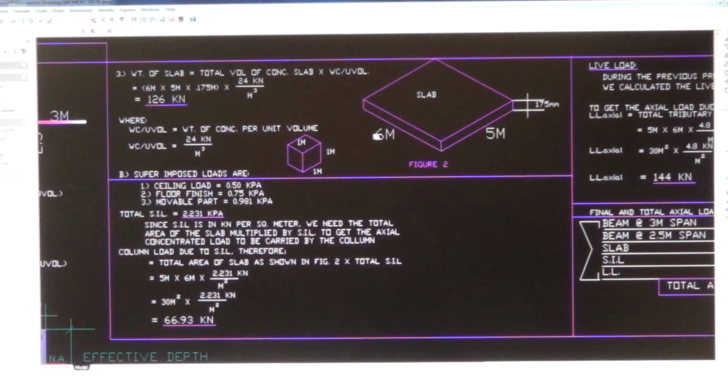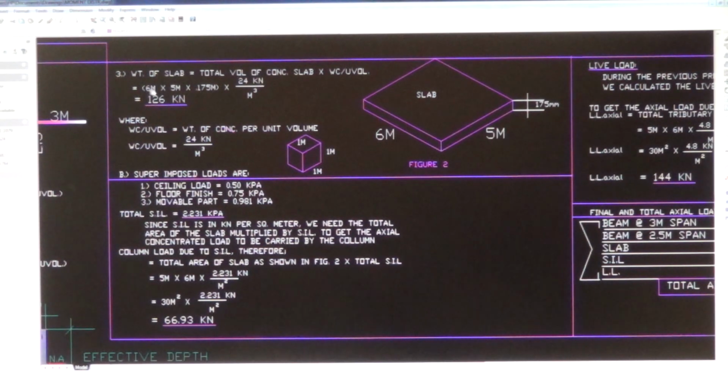So the volume of concrete slab is 6 meter times 5 meter right here times the thickness of the slab, which is 0.175 meter, times the unit weight of concrete, which is 24 kilonewton.